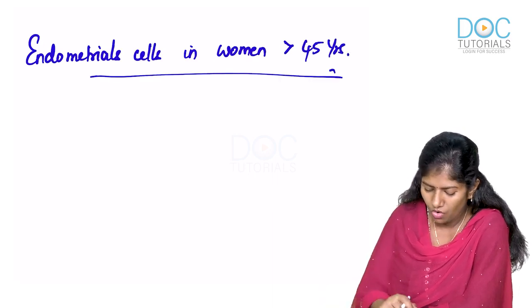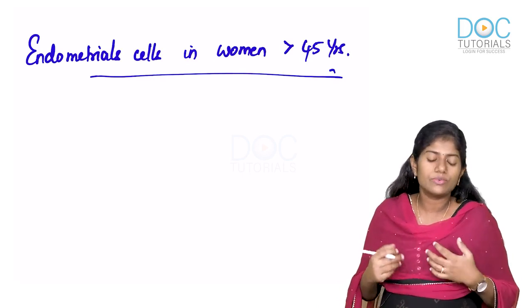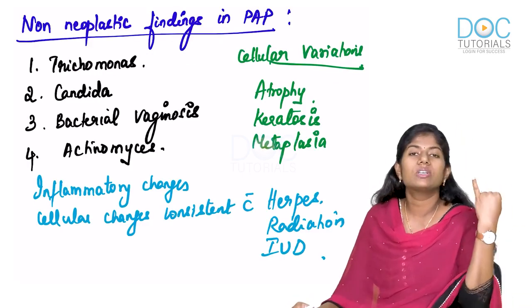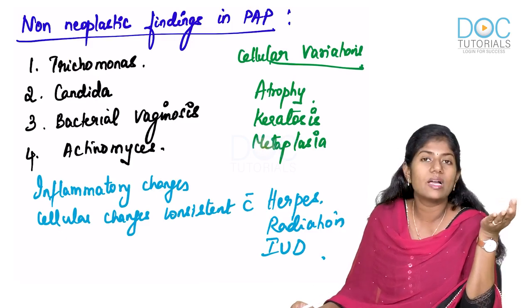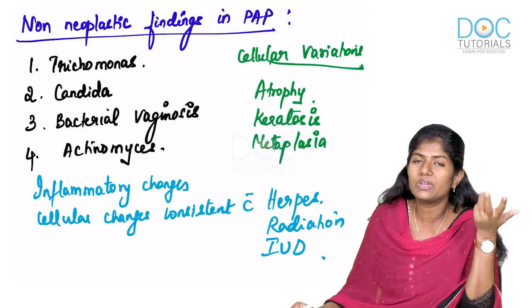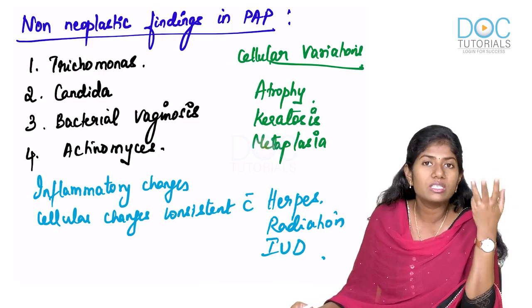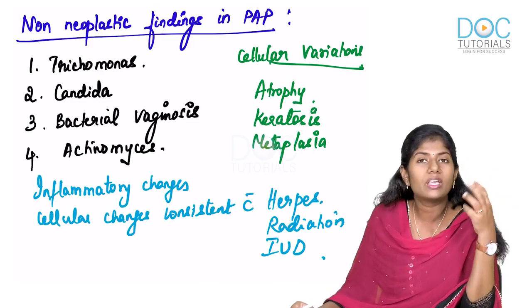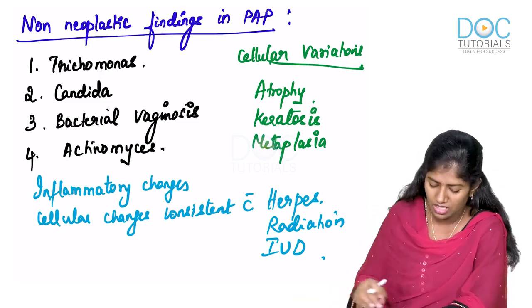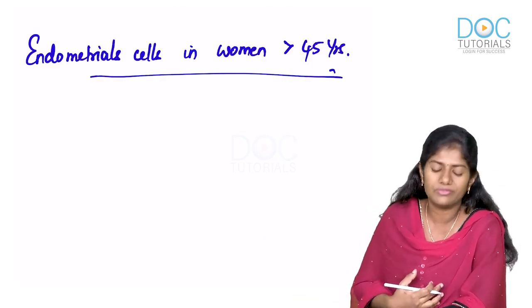Okay, so all these can be diagnosed using a Pap smear. It can diagnose infections with Trichomonas, Candida, bacterial vaginosis, it can also see cellular changes consistent with herpes, radiation, intrauterine device, actinomyces, atrophy, keratosis, metaplasia, inflammatory changes, and finally endometrial cells in women beyond 45.